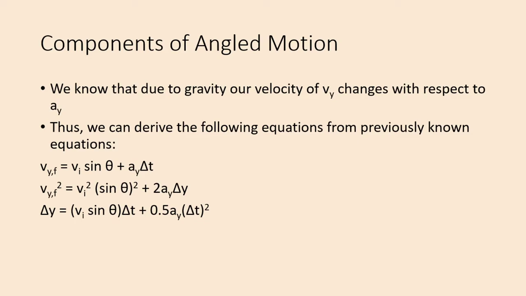We also have vy sub f squared equals vi squared times sine theta squared plus 2ay delta y. And delta y equals vi sine theta times delta t plus 1/2 a sub y times delta t squared. All those equations should look relatively familiar to you.